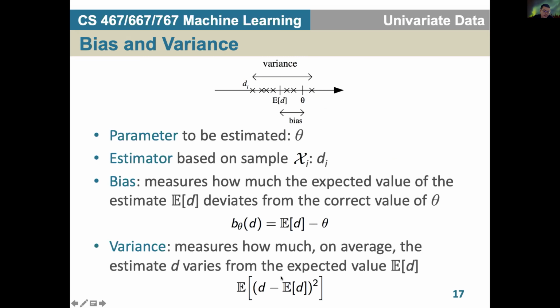We also have a variance. For different training data sets sampled from the ground truth, how much does your theta hat vary? We want the variance to be small, which means even though some data items are different, the estimated theta will not be too different. It's relatively stable.